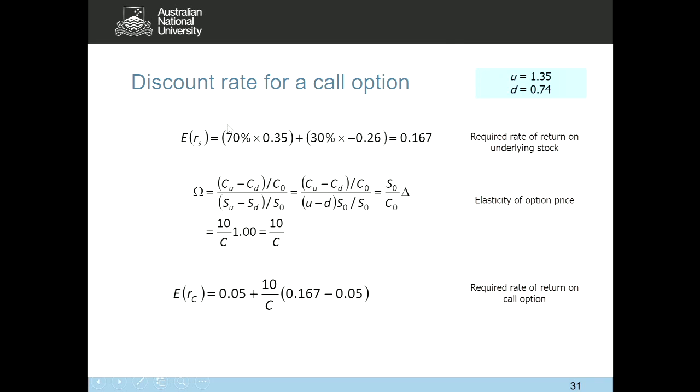And we know there's 70% chance the share price going up and 30% chance the share price going down. And we simply take a probability weighted average, we get the expected return on the share is 16.7%. 16.7% expected return on the stock. Does that make sense?